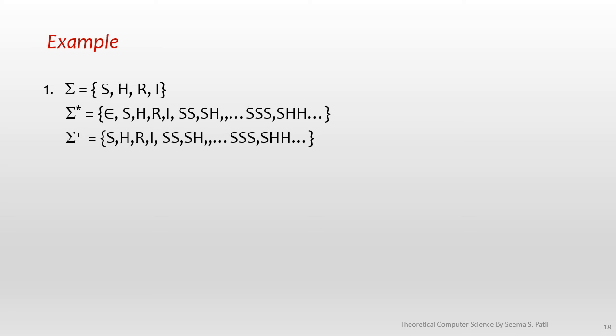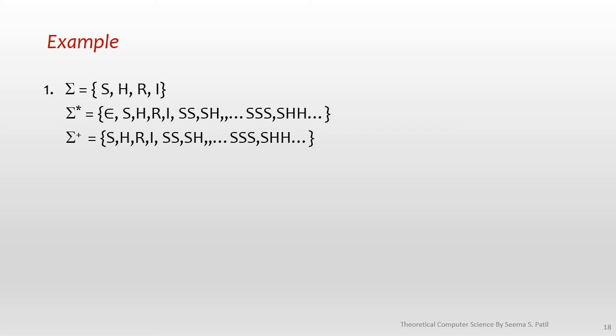Now here is one example, that is sigma equal to {S, H, R, I}. Write down sigma star and sigma plus. Write down sigma star. How you can write? In every sigma star, there is epsilon. So write down first epsilon. And then combination of all these, that is S, H, R, I of length 1.